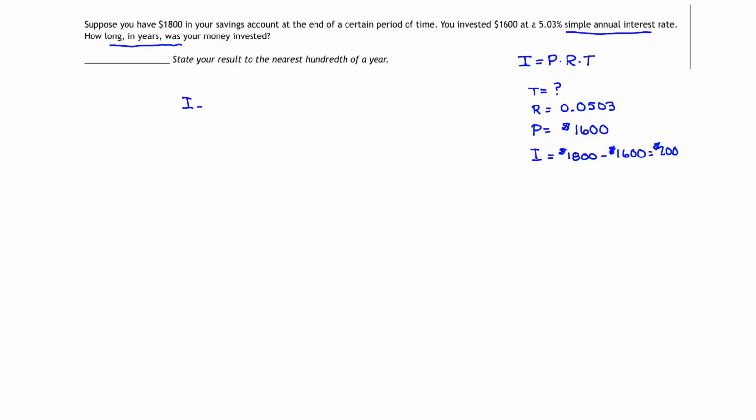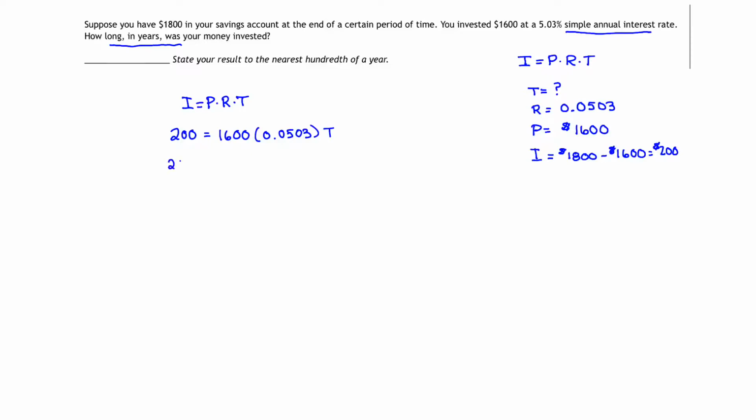Interest equals principal times rate times time. Interest is $200. Initial principal is $1,600. Our rate is 0.0503. And our time is what we're solving for.